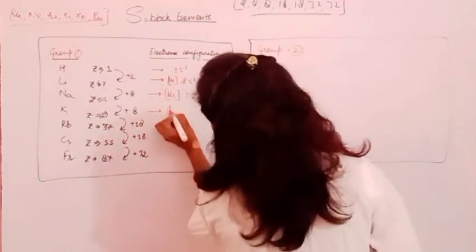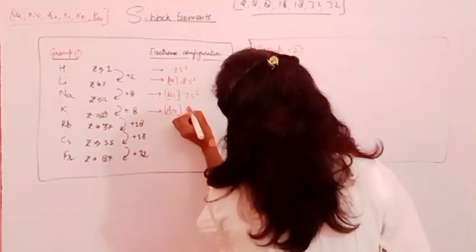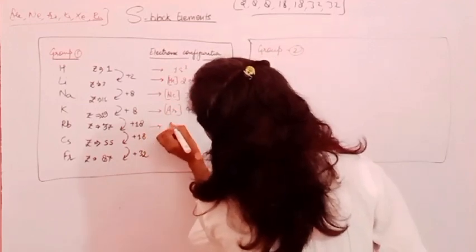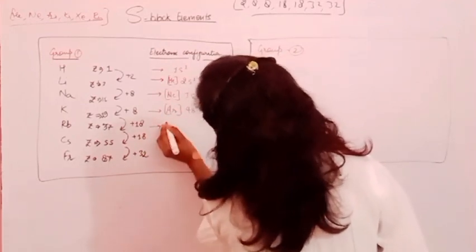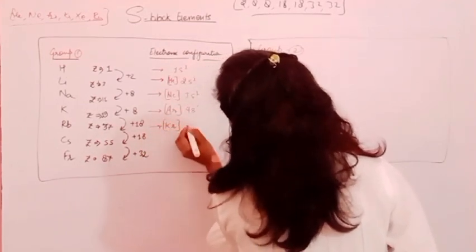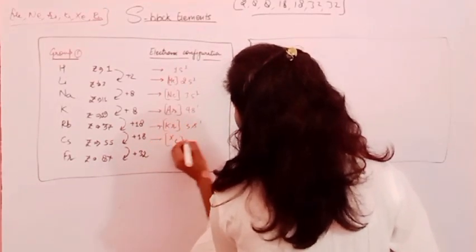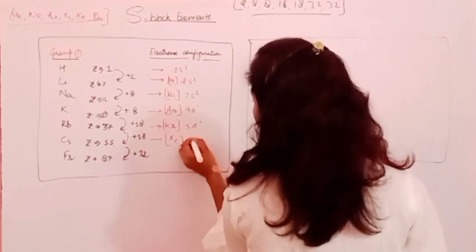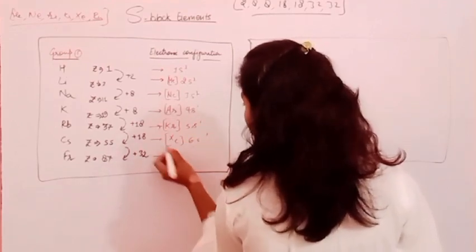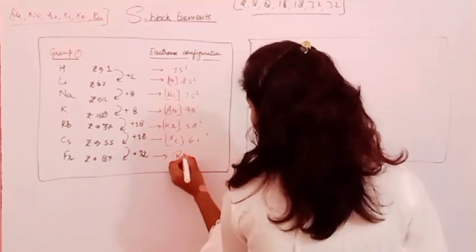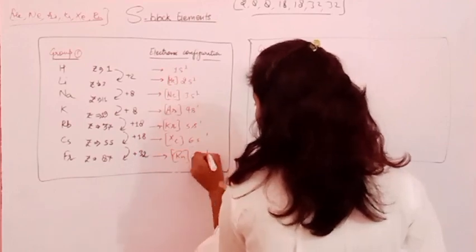I'm going to use argon 4s1, then your krypton 5s1, then your xenon 6s1, clear? And your radon Rn, that is your 7s1.